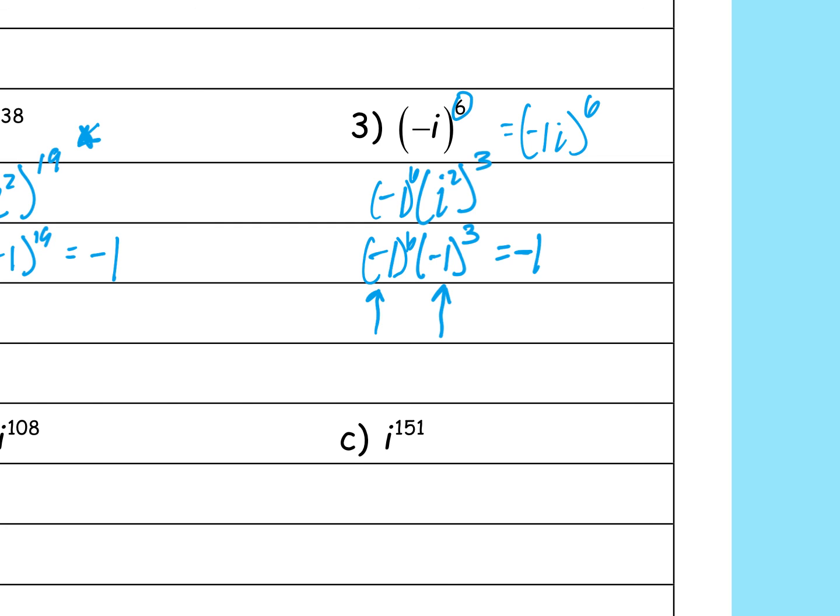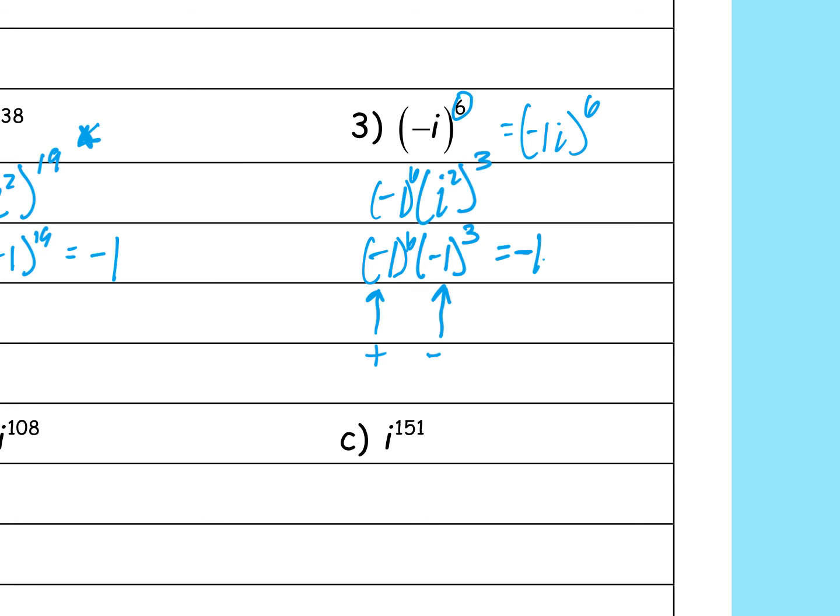So this is a positive, this is a negative, which means it's going to be a -1. That was my fault. I missed the exponent being on the outside of the parenthesis. Therefore, it goes to everything.